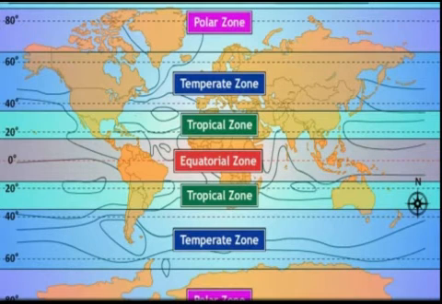On the basis of latitudinal distribution of salinity, we can identify four zones of oceanic salinity. These are equatorial zone, tropical zone, temperate zone and polar zone. Let us now study the distribution of salinity across open oceans, partially enclosed seas and landlocked seas.